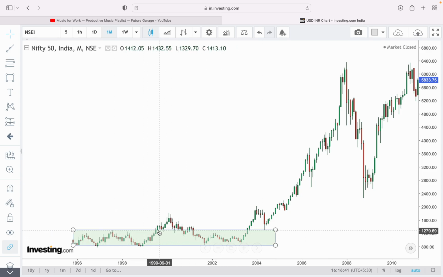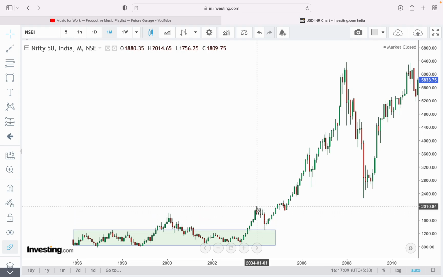There was a phase in the period 1999 till 2000 where the market took out this high, but the subsequent double bottom that got created here, in this case a multiple bottom, concluded that this was a ranging phase in the market, which means we can decisively conclude that from 1996 all the way till 2002-2003, Nifty was in a definitive range.